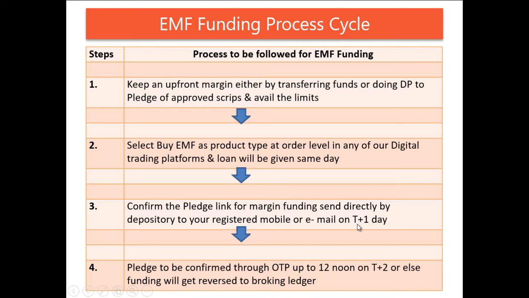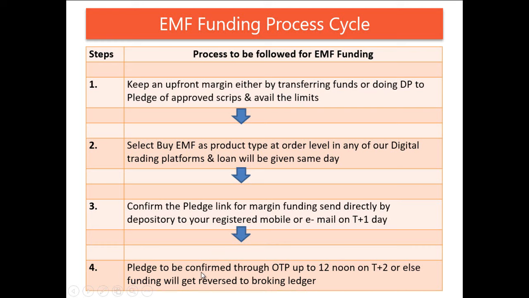T+1 is nothing but trading day plus 1 day. When they say depository, if you have a CDSL account or an NSDL account, you get an SMS from CDSL or NSDL depending on the demat you have. So you will have to confirm that. I'll let you know how the process would go.